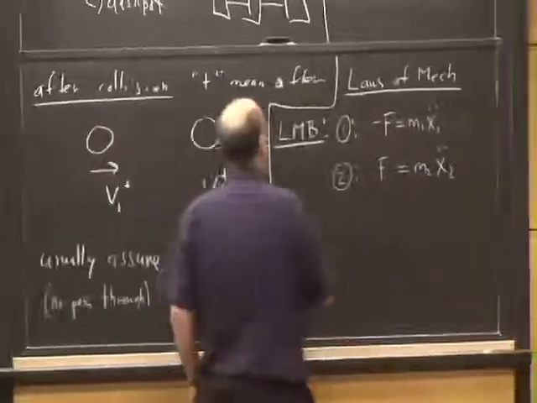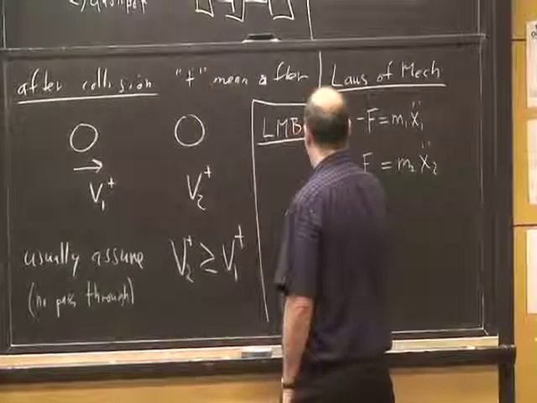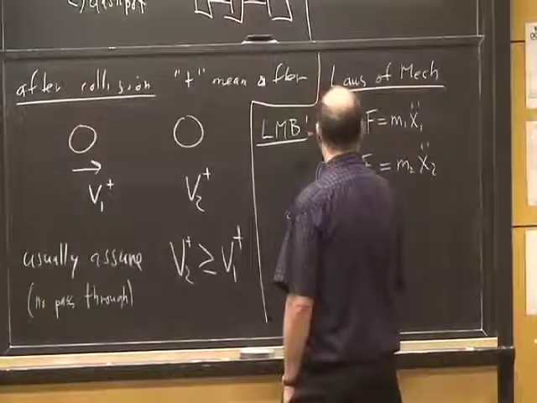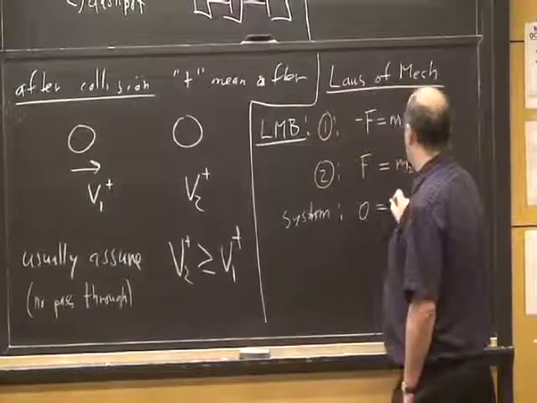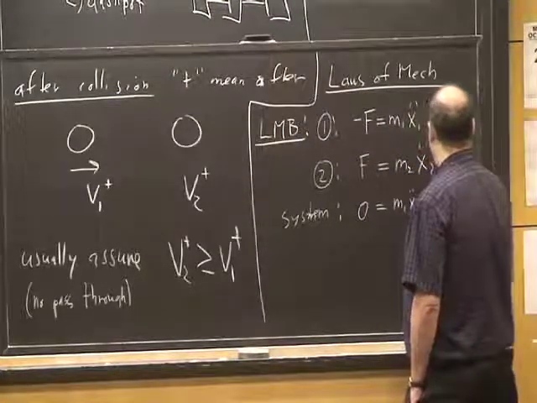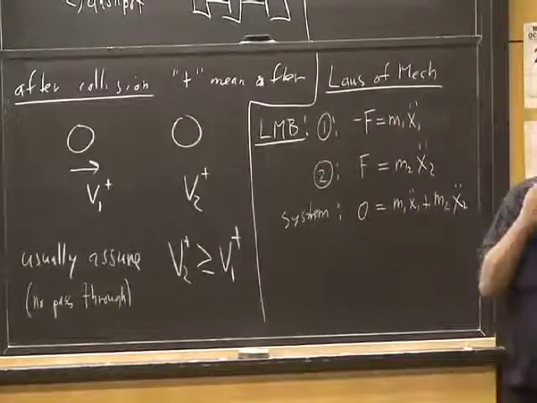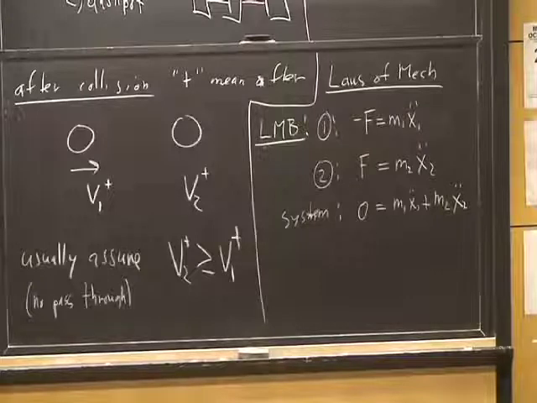And then we have, for the system as a whole, we can write momentum balance, and it says that 0, the net force in the system, is M1 x1 double dot plus M2 x2 double dot. So any general thing we're going to figure out follows from these equations. It's really all we have in one-dimensional mechanics is linear momentum balance.